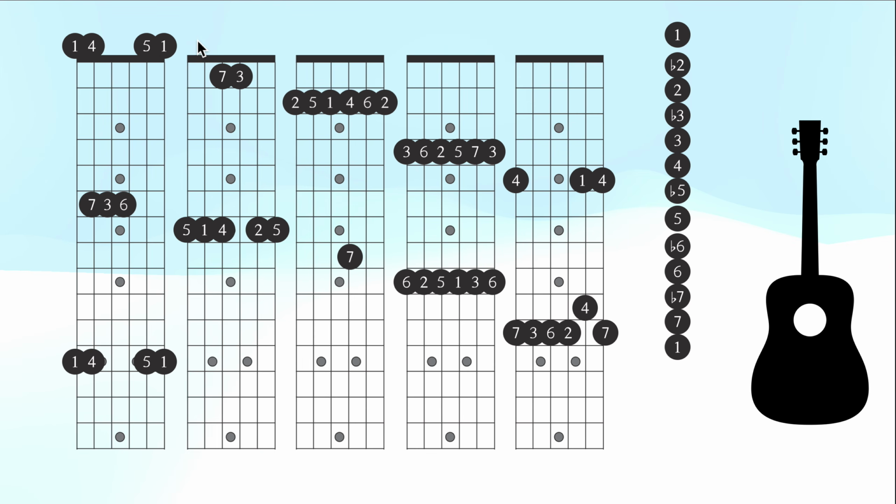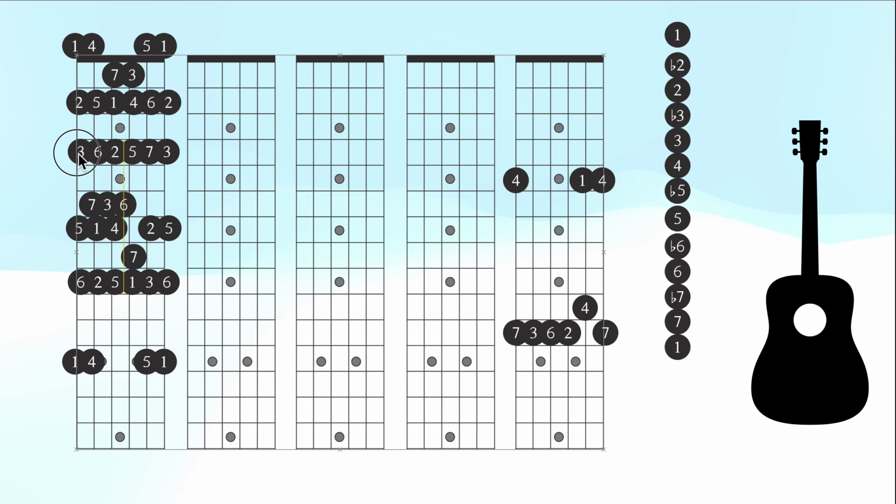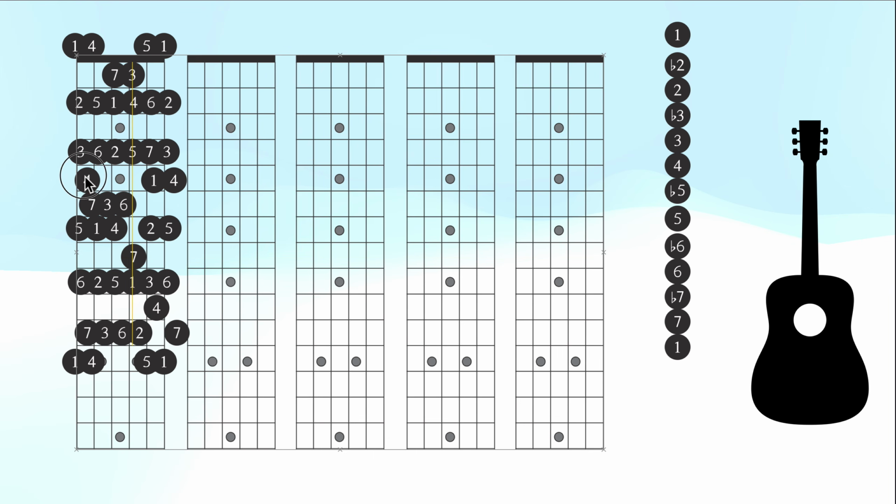So then if we put this all together, we can see the major scale pattern emerge from this.